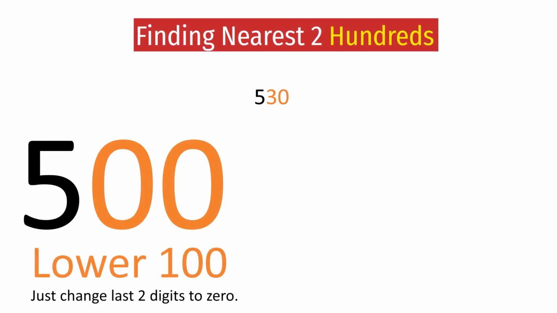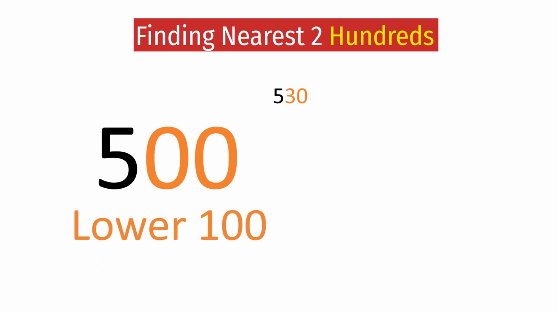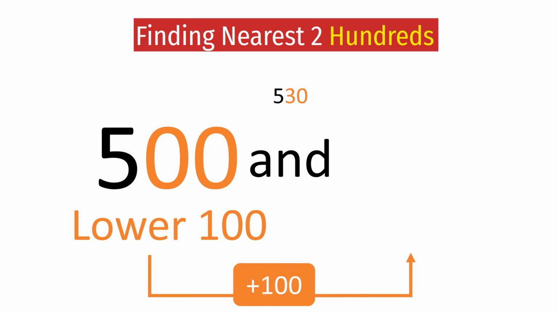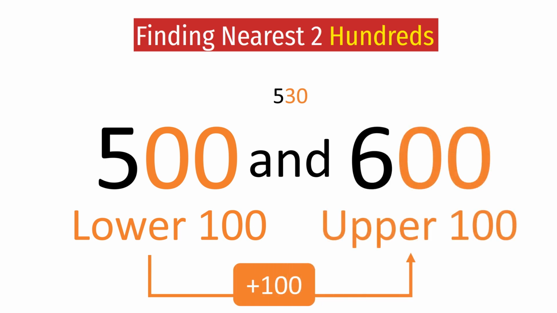Changing the last two digits to 0, we get the lower hundred, which is 500. Adding 100 to this lower hundred, we get the upper hundred, which is 600.